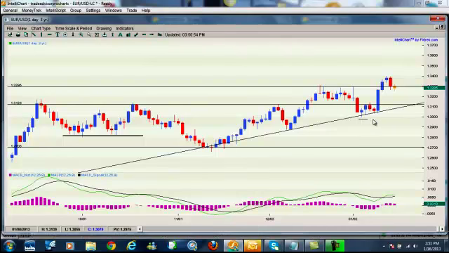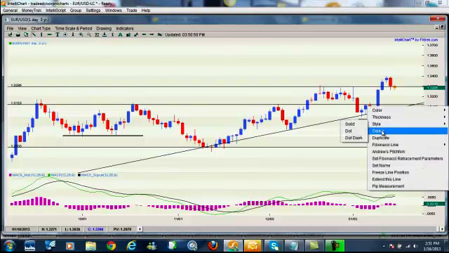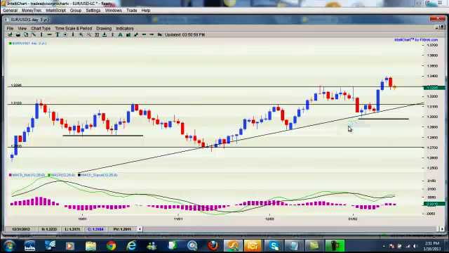Okay, so I would put a stop right here. All right, which let me see what this level is. It's like 29.80. So if we're buying at 31.40, we're talking 160 pips stop.